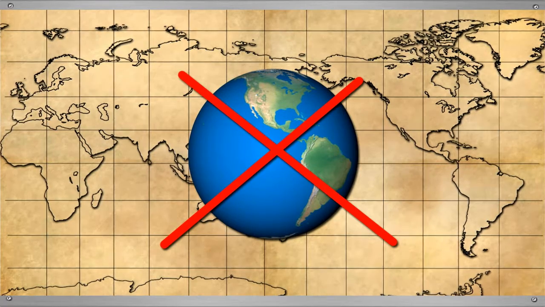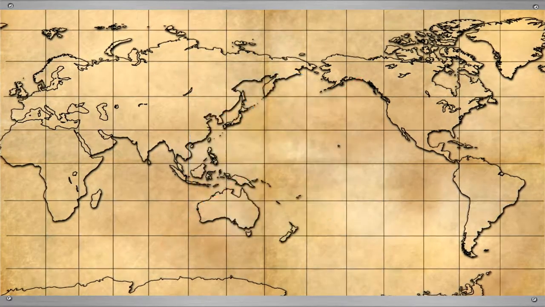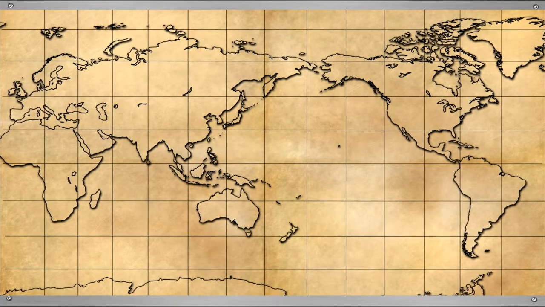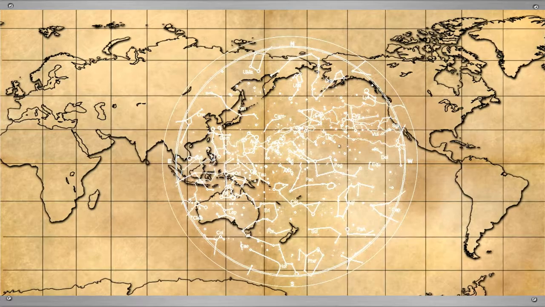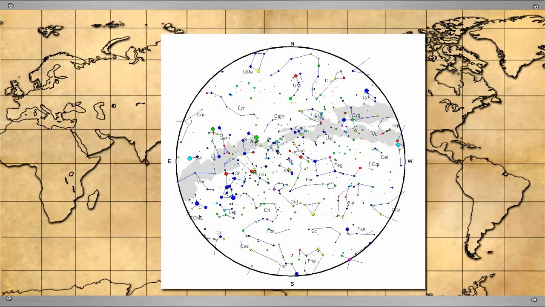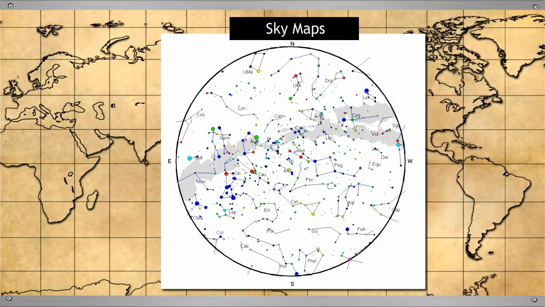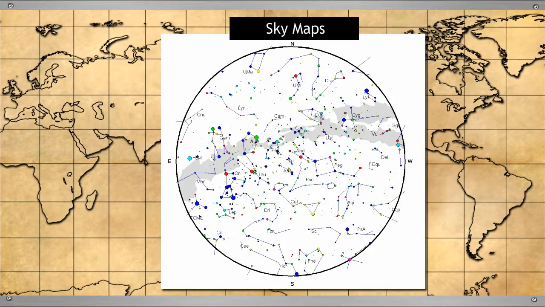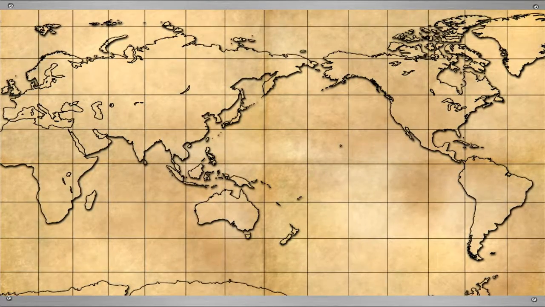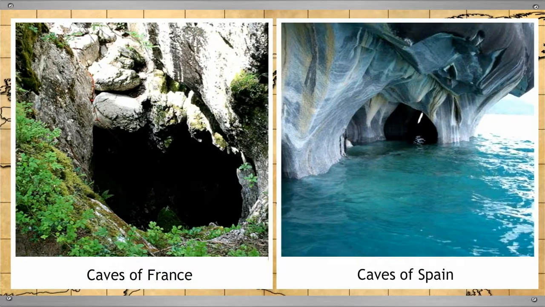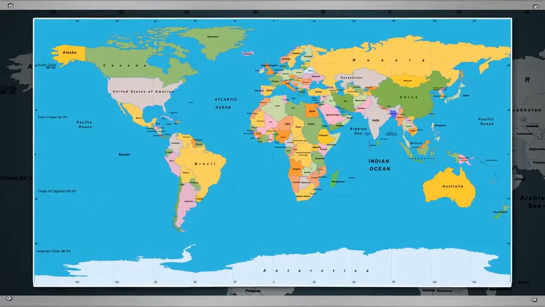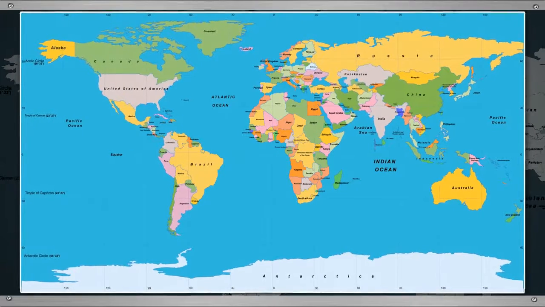Interesting, isn't it? The maps drawn during that period had information about parts of the night sky with the stars in dots. These maps were called sky maps. Today, we can find those maps in the caves of France and Spain. Now, let us learn about maps in detail.